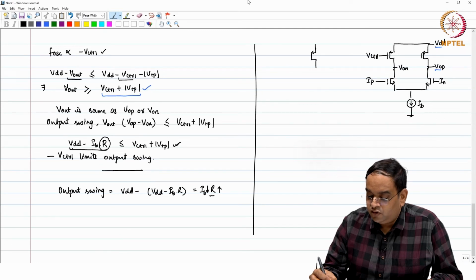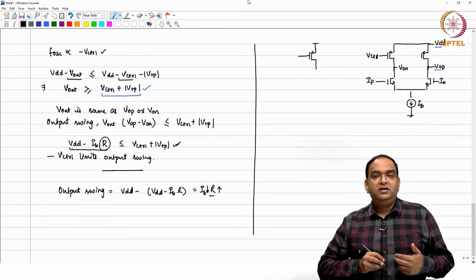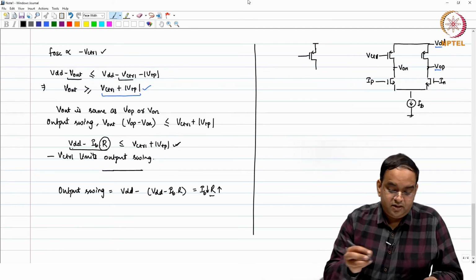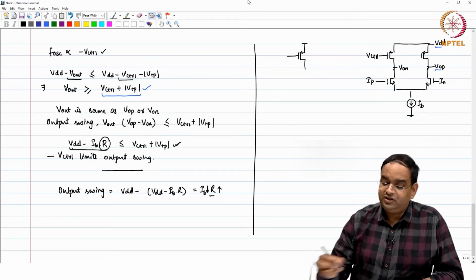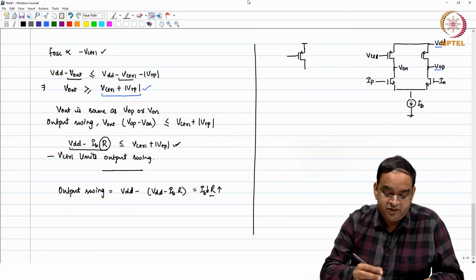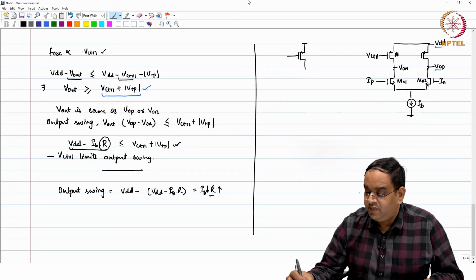So, the control voltage which we want to have is generated in such a manner that the current is as desired. This is our MOS transistor for the resistance. Let me name these: this is MN1, this is MN2, MP1 and MP2.